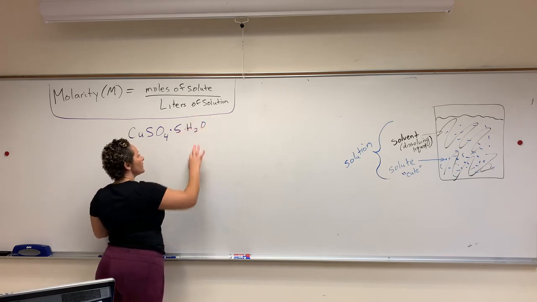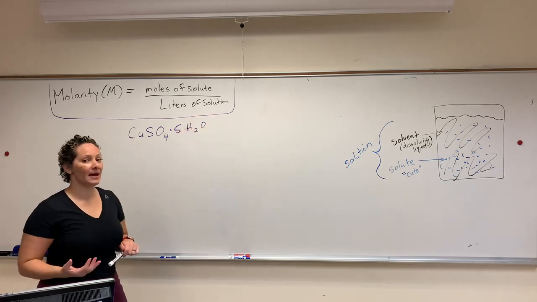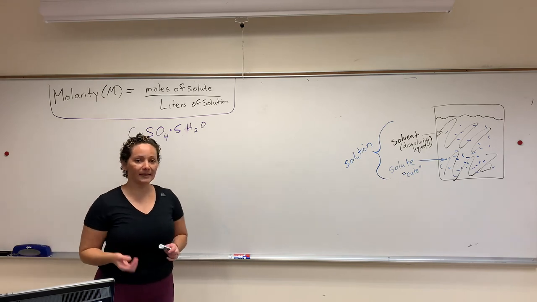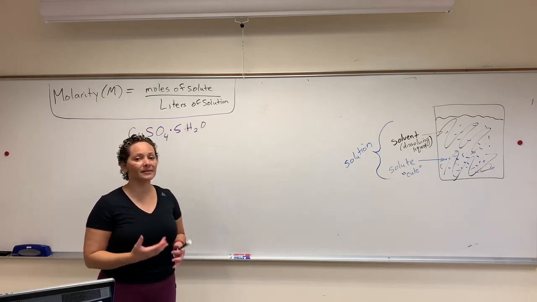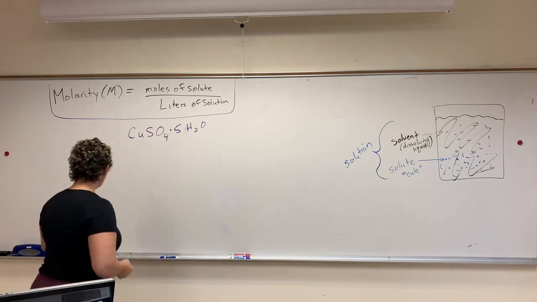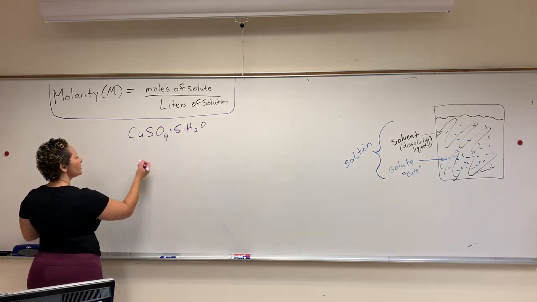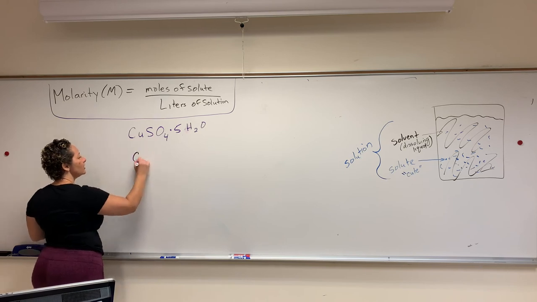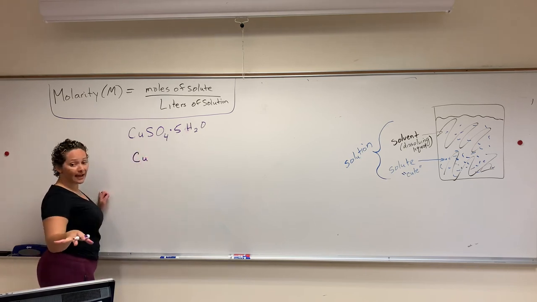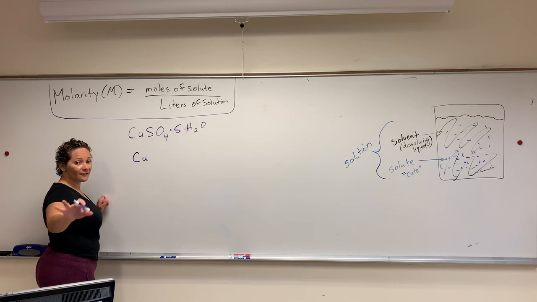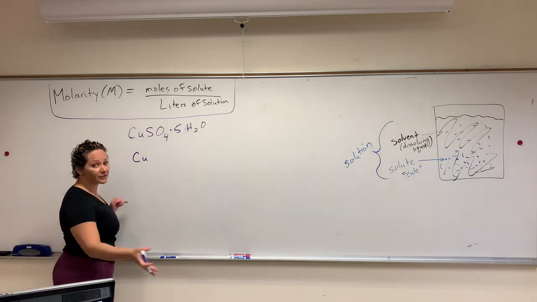So what we want to figure out is the molar mass. What the molar mass is, it's going to be the equivalent of all of the mass of every single atom. So let's go ahead and write this. You're going to need your periodic table too. So I'm going to go ahead and write this down, copper, and you already have this tabulated, you just got to fill in the answers in your lab.